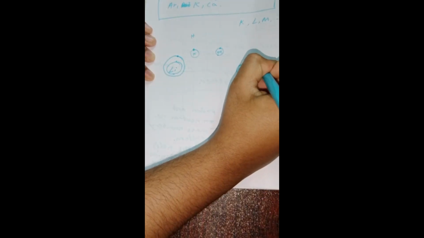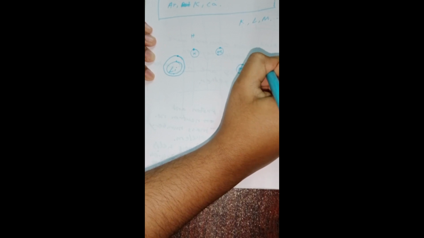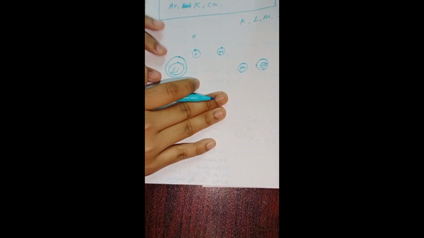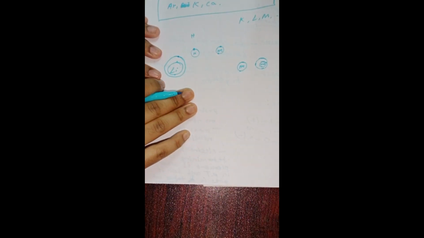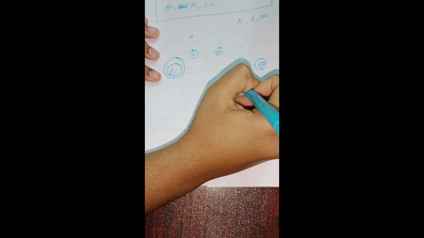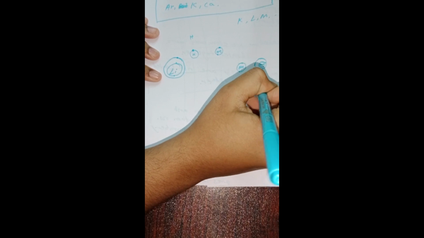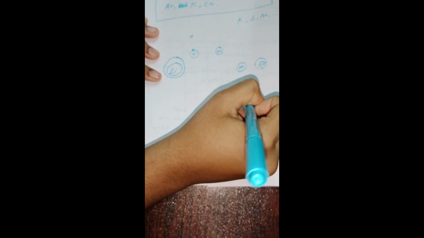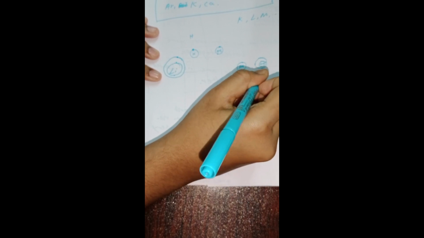Neon will be having 10. 1, 2, 3, 4, 5, 6, 7, 8. The required number for the second, third, and fourth shells will always be 8. So then we have argon, which is 1, 2, 3. So 8 to 10 and 8, 18, which makes argon 18. So far and so forth.